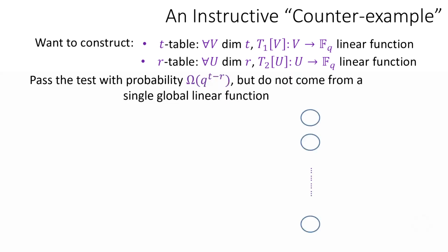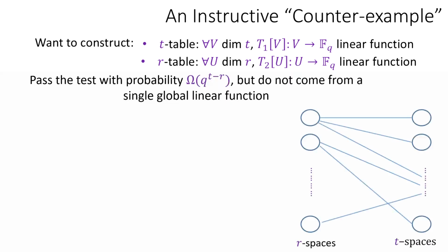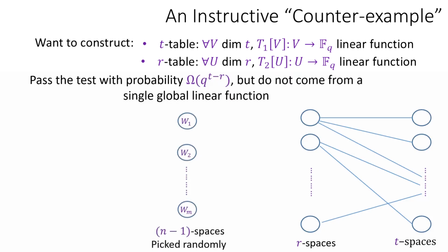Okay, so let's do some visuals. This is still the graph that we have. It's still R-dimensional spaces versus T-dimensional spaces. The way you construct such things is by constructing another layer, a layer of hyperplanes. So I'm going to take hyperplanes W1 to Wm. I'm going to choose the parameter m soon.